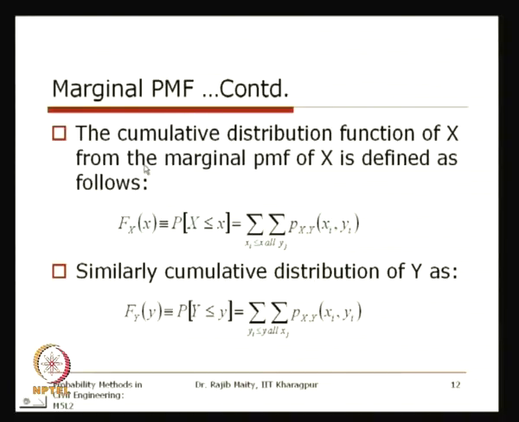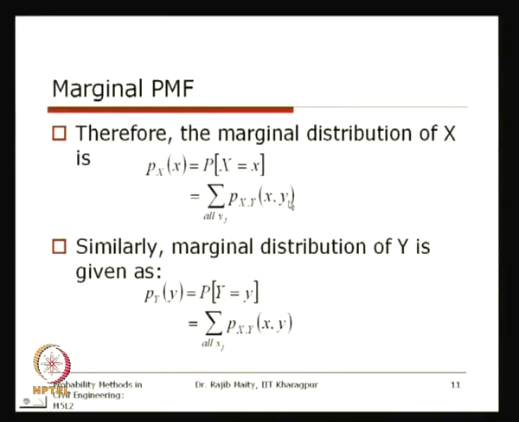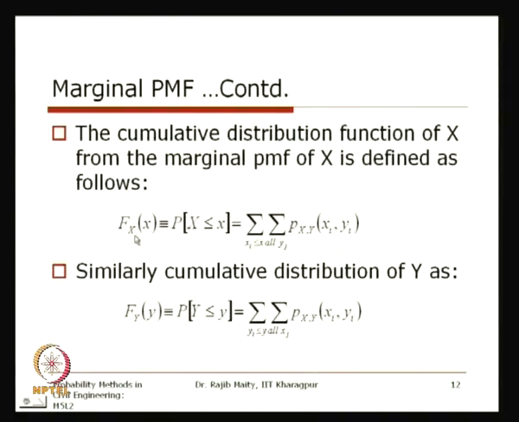For the individual random variables x and y, if we want to know the cumulative distribution function, we follow the same thing we discussed for a single random variable: once you know the PMF, you just go on summing up to get the cumulative probability distribution.